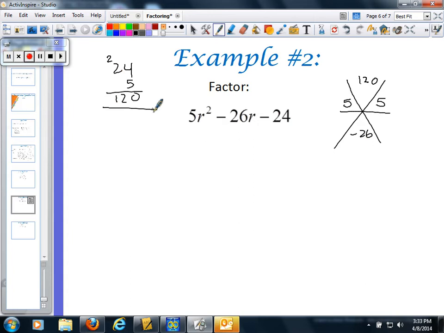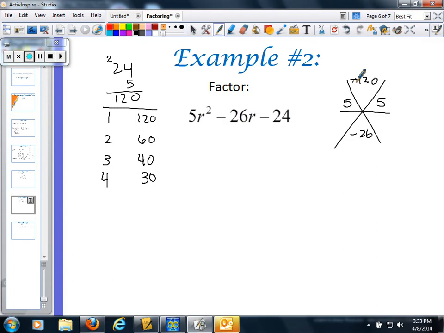So now I'm looking for factors of 120. 1 and 120, 2 and 60, 3 and 40, 4 and 30. And remember, if this is positive, my factors are either both positive or both negative. But this should be negative because it's 5 times negative 24.